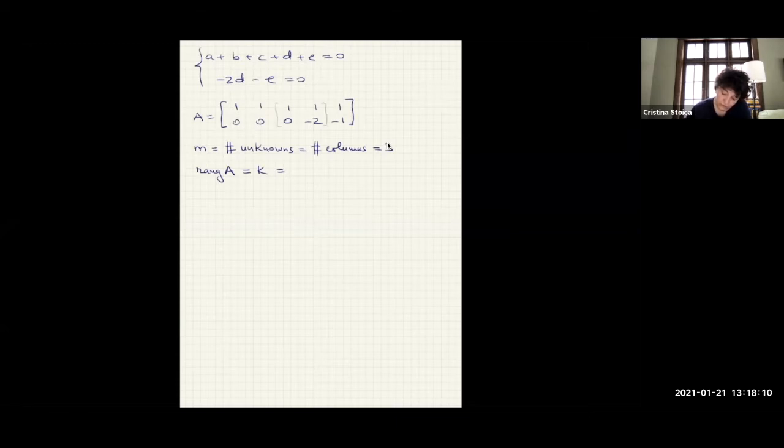So it's 2, right? And immediately we deduce from here that there will be M minus K in this number of columns, 3. Where is my mind? Huh? It's 5, of course. All right, so its number of independent variables will be 5 minus 2, so it's 3. So it is number of independent variables.